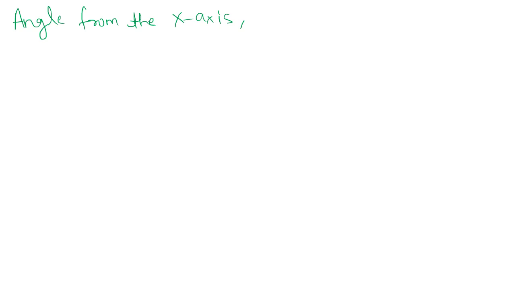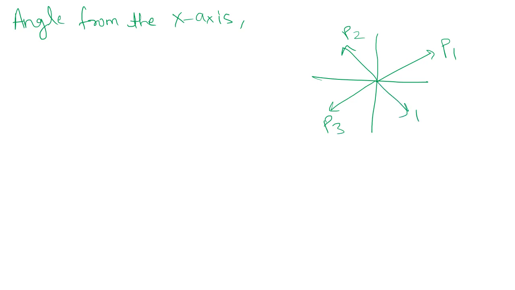But if you want to consider the angle differently, let's suppose these are your forces, this is your P1, this is your P2, this is your P3 and this is your P4. Let's suppose this is your angle alpha 1, this is alpha 2, this is alpha 3 and this is alpha 4. Okay, this is your x-axis and this is your y-axis. So how can you solve in this case?